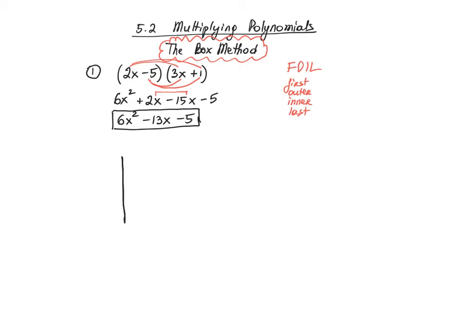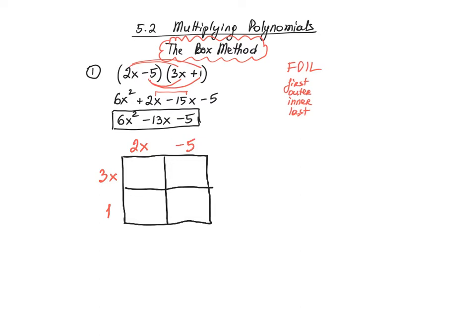So here's my 2x2 box. You choose which binomial will be responsible for which side. For example, I'm going to say that 2x and -5 will be responsible for columns, and 3x and +1 will be responsible for rows.